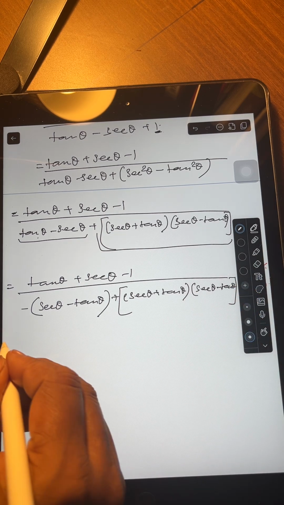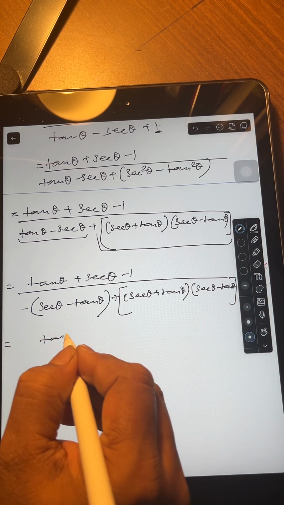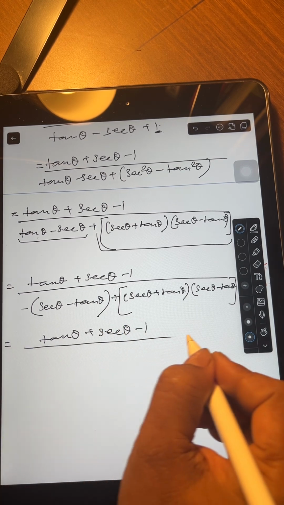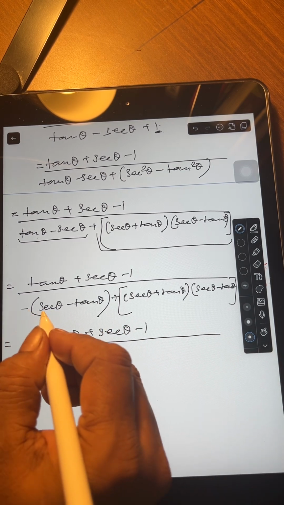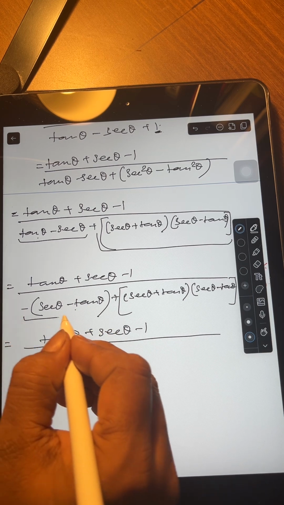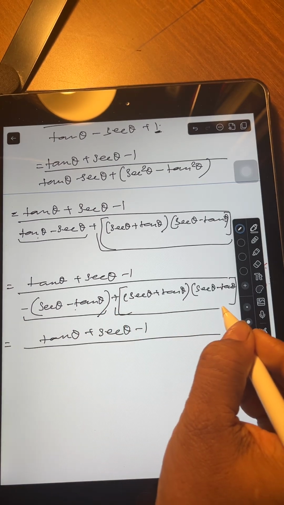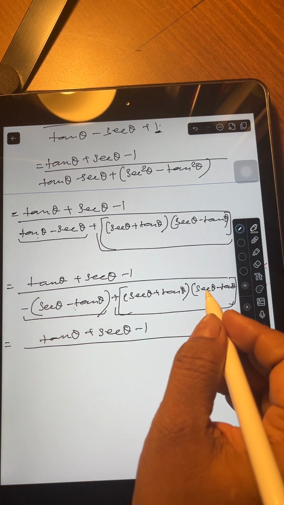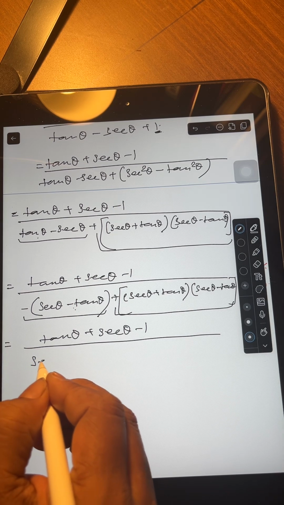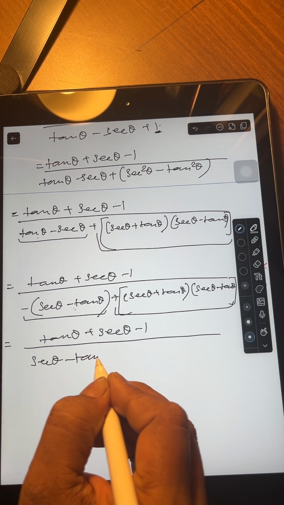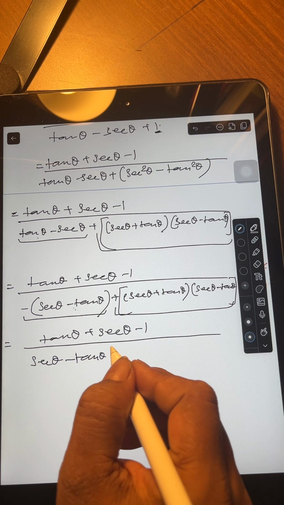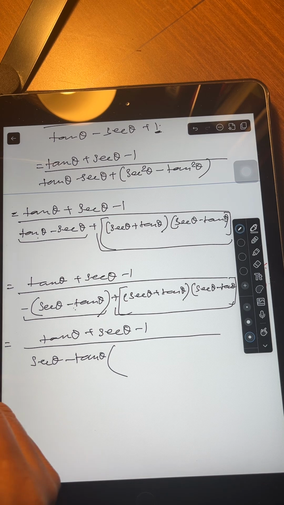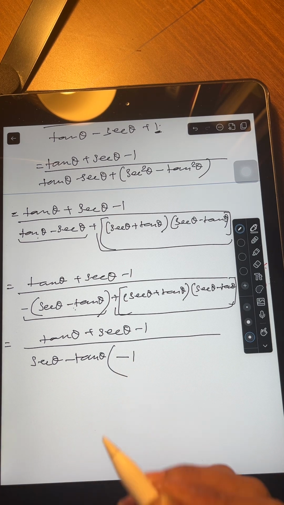Okay, now I can take common. Tan theta plus secant theta minus 1 by, here it is secant minus tan, here it is one term and here it is the next term. So in these two terms, what is common? Secant minus tan. So I can take secant theta minus tan theta common. Okay. Now what is remaining? In this term, nothing is there except the sign minus, so I can write minus 1.